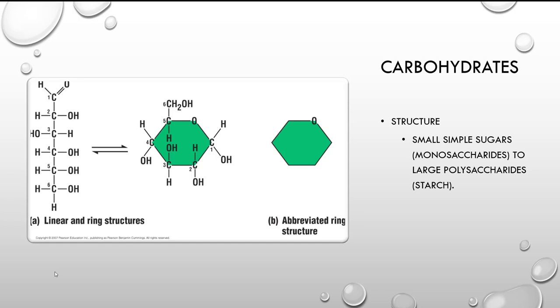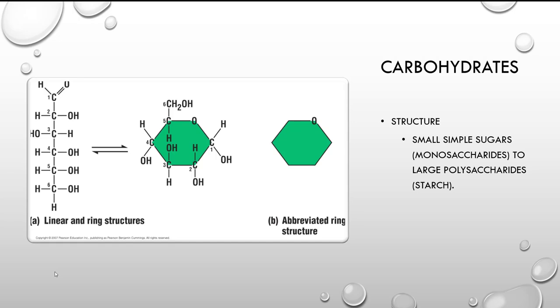So the carbohydrates, if we just look at its monomer, the smallest unit, we call those the simple sugars, otherwise known as the monosaccharides. So monosaccharides are the monomers of our macromolecule carbohydrate.